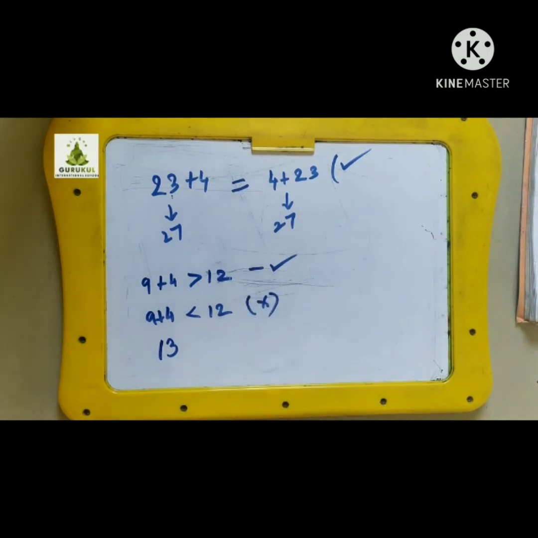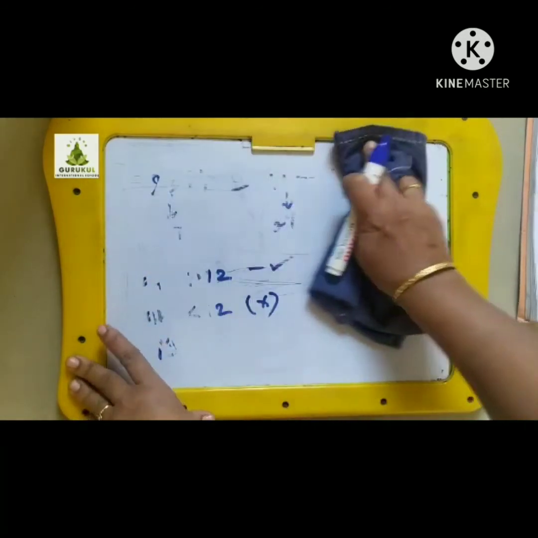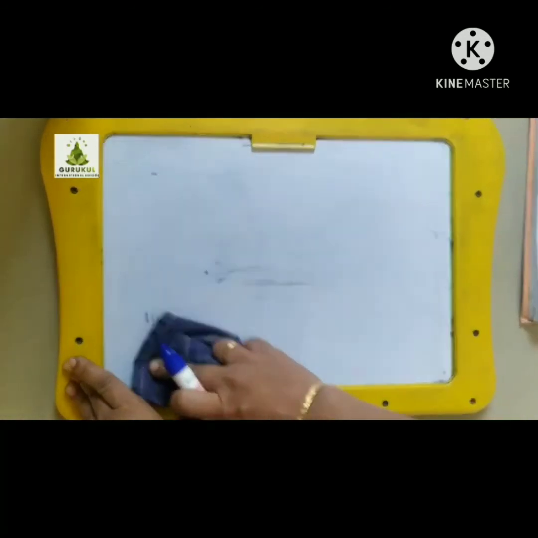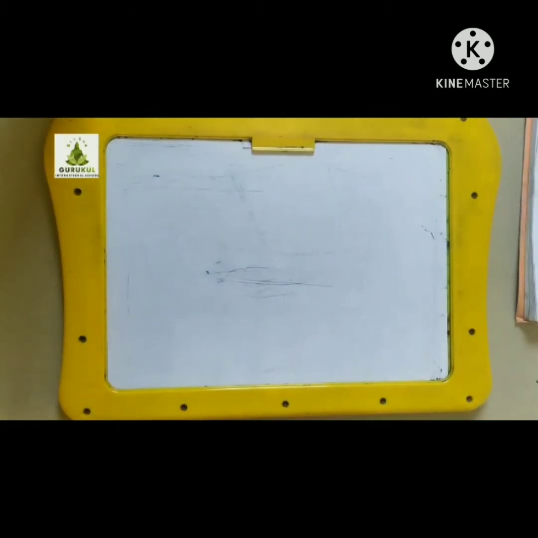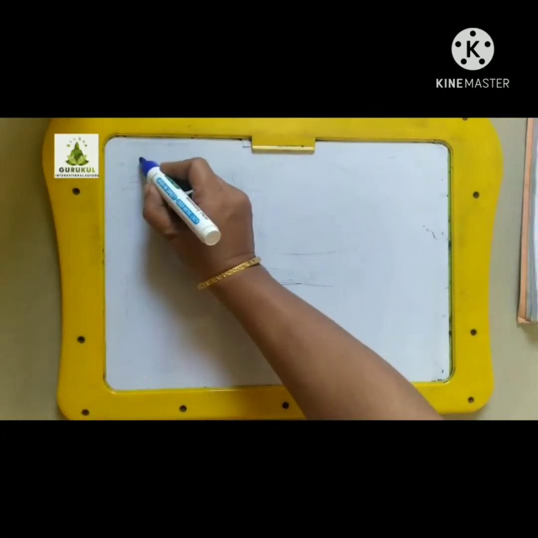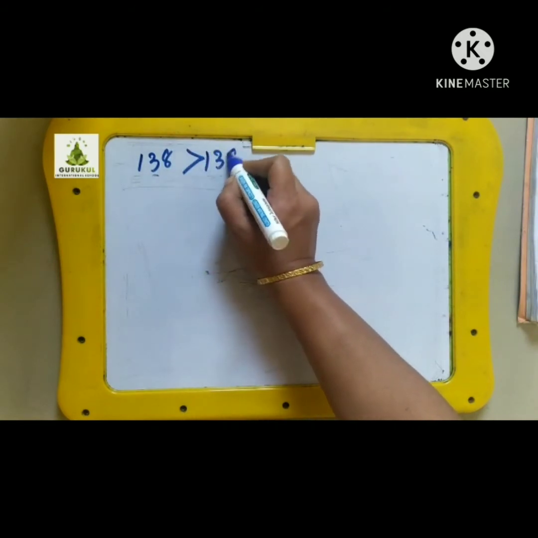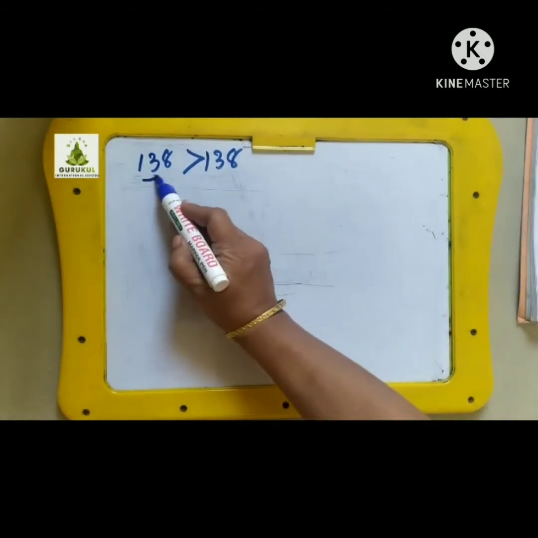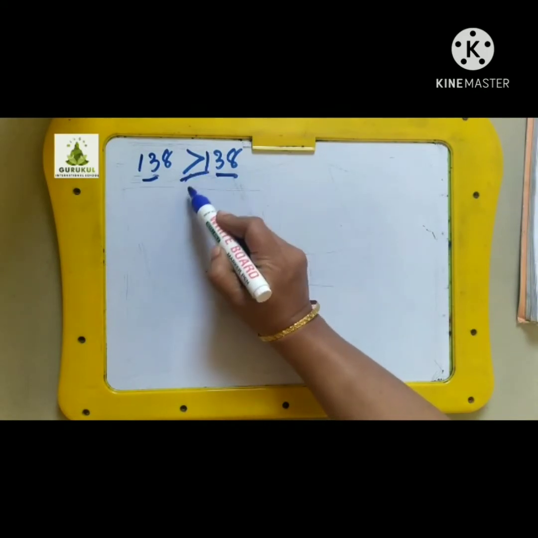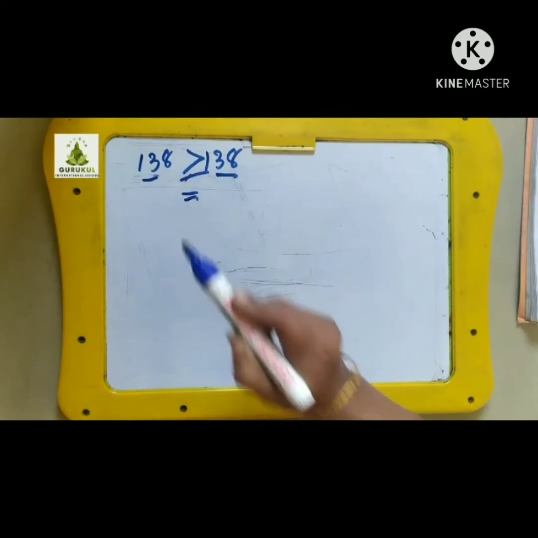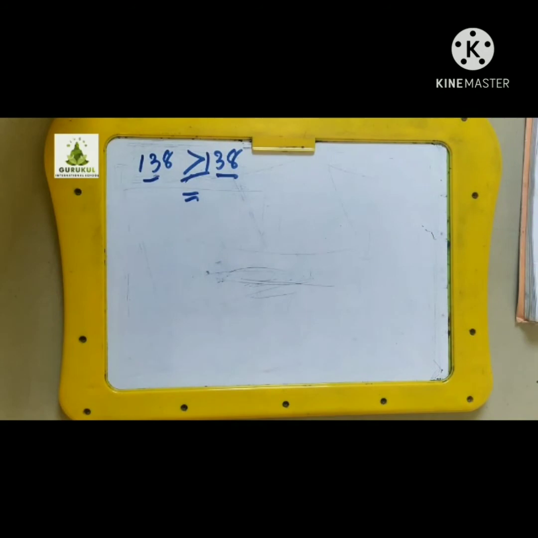Then you just have to write whether it is right or wrong. So write the numbers and later just write whether it is correct or wrong. Then you have 138 greater than 138. Now tell me, for both 138 and 138, what should be the symbol coming here? It should be equal to, both numbers are same.